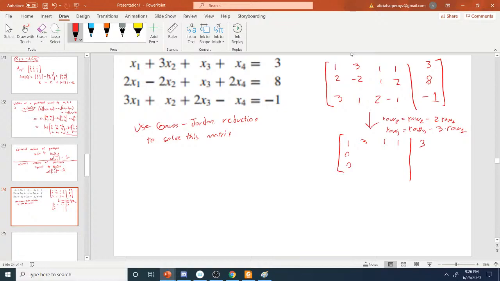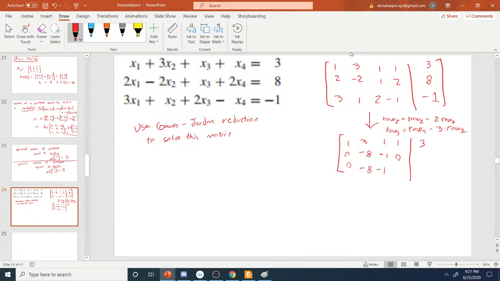So if I subtract 2 times 3 from 2, I'm going to get negative 8 here. If I subtract 3 times 3 from 1, I'm going to get negative 8 here. If I subtract 2 times 1 from here, I'm going to get negative 1 here. If I subtract 3 times 1 from here, I'm going to get negative 1 here. If I subtract 2 times 1 from here, I'm going to get 0.